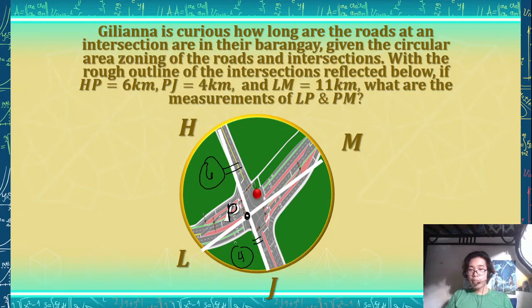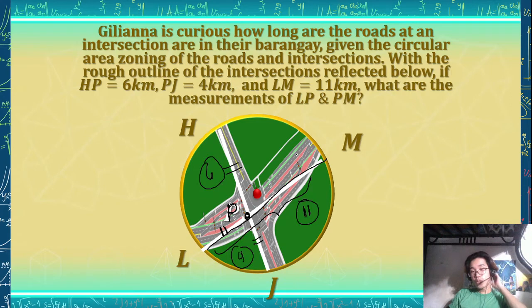And LM, this entire length here, is going to be equal to 11 kilometers. What are the measurements of LP of this road intersection and this segment right here? So the measurement of the entire chord LM.